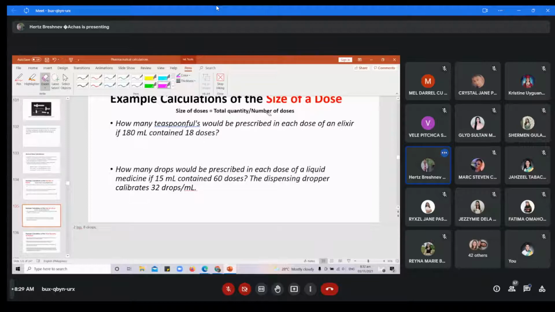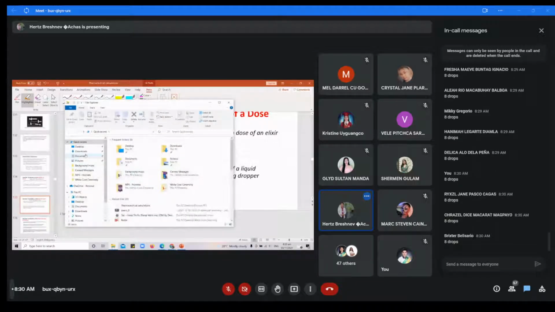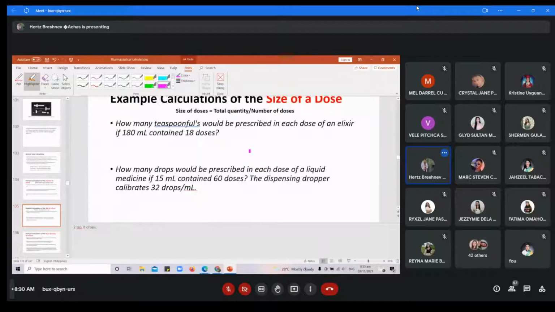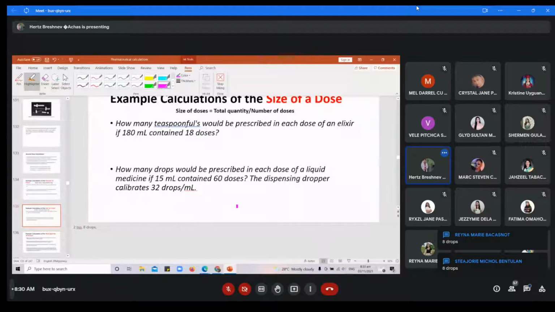The dispensing dropper calibrates 32 drops per ml. No? So please solve.